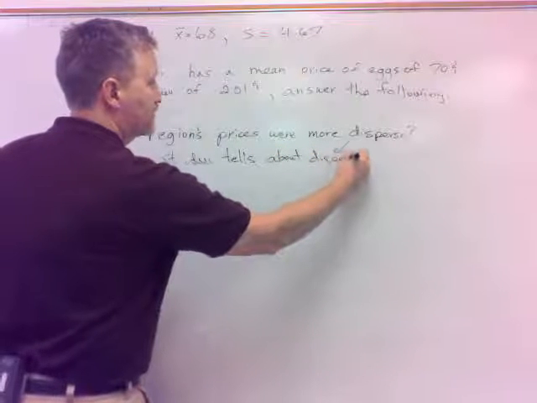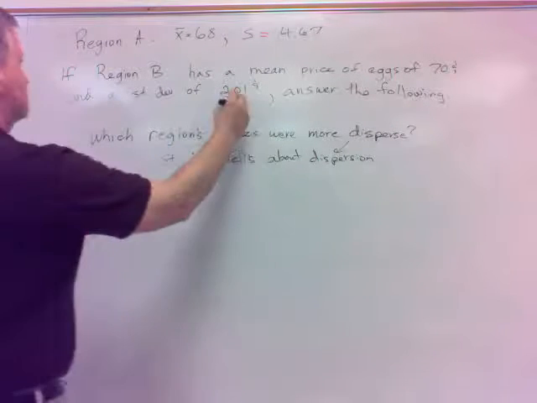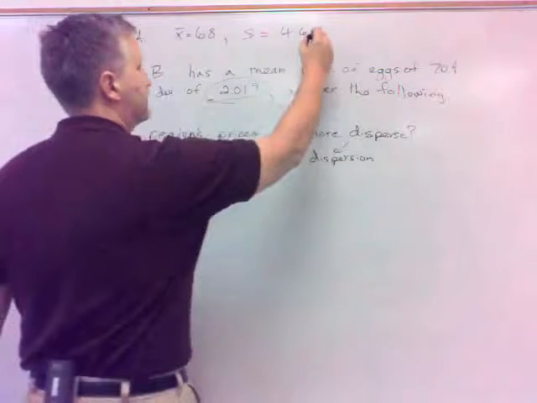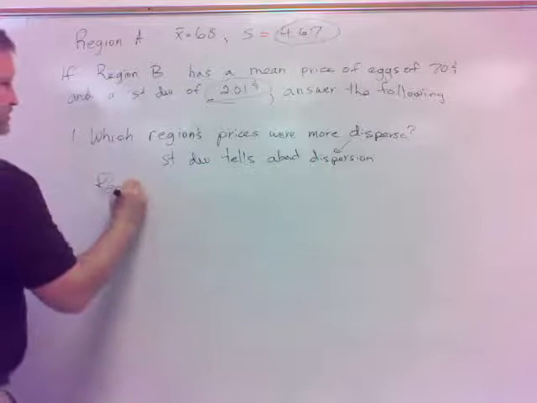So which one of these regions, A or B, had more dispersion in their prices? Well, B has 2.01. A has 4.67 standard deviation. So which one is more dispersed? A's is more dispersed. Region A's prices were more dispersed.